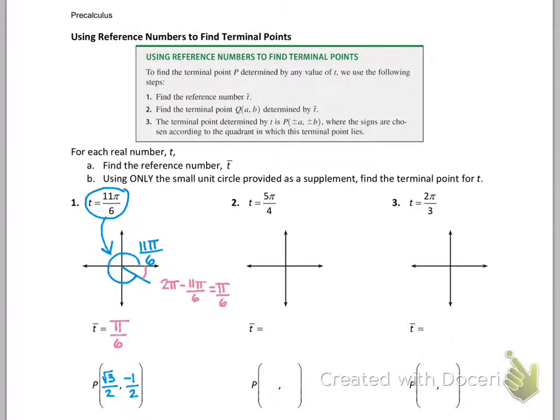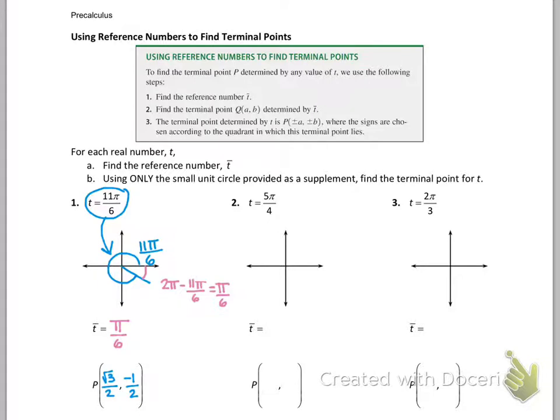It's in the 4th quadrant. Or what you can do, since on quizzes and tests you're going to get a unit circle that only has the first quadrant written in, the points are only in the first quadrant. So what you can do then is find the reference angle like we did in pink, which is pi over 6. So you know that the reference angle terminal point is going to be the same value as the given 11 pi over 6.